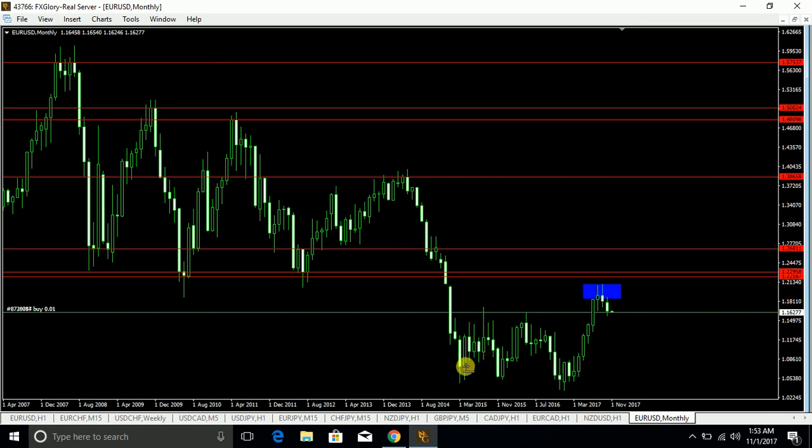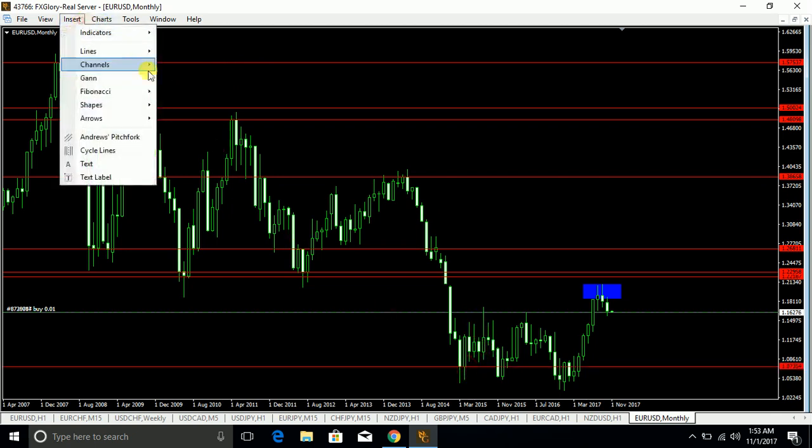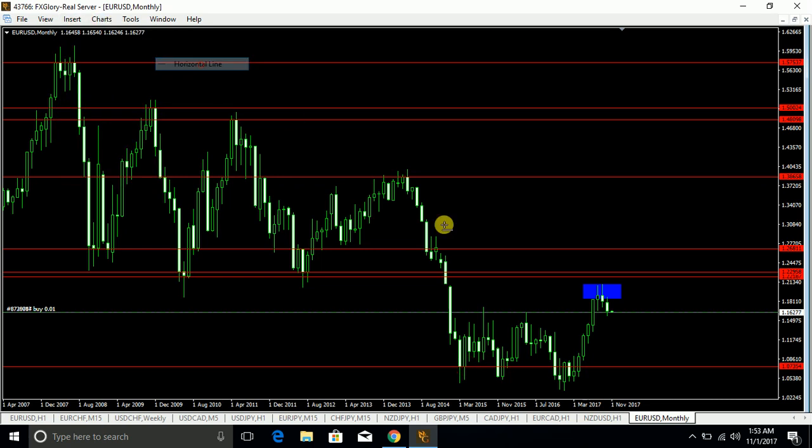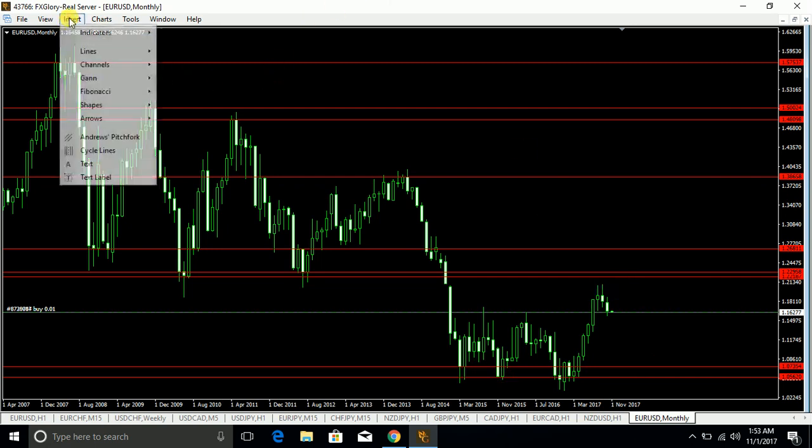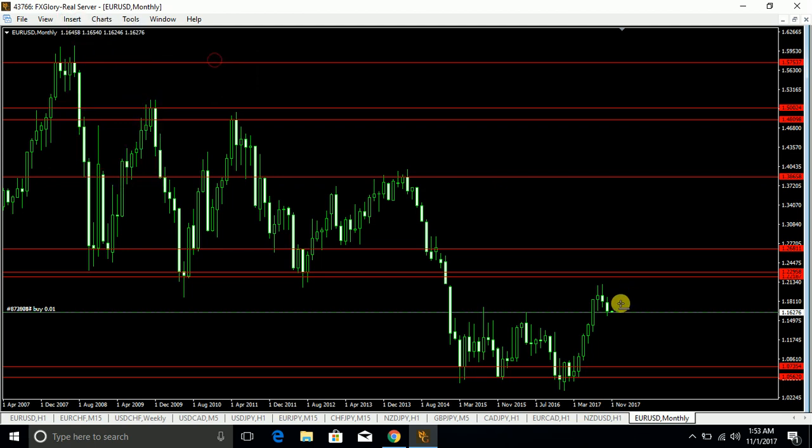Okay, now as you see, I'm using the closes of these candles. I'll show you something else in just a moment. Okay, so we have marked off our levels of support and resistance using the monthly time frame.